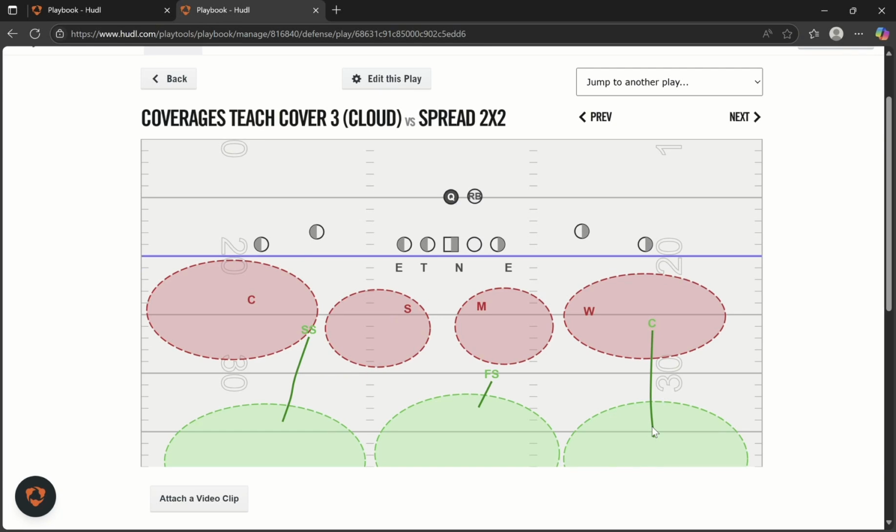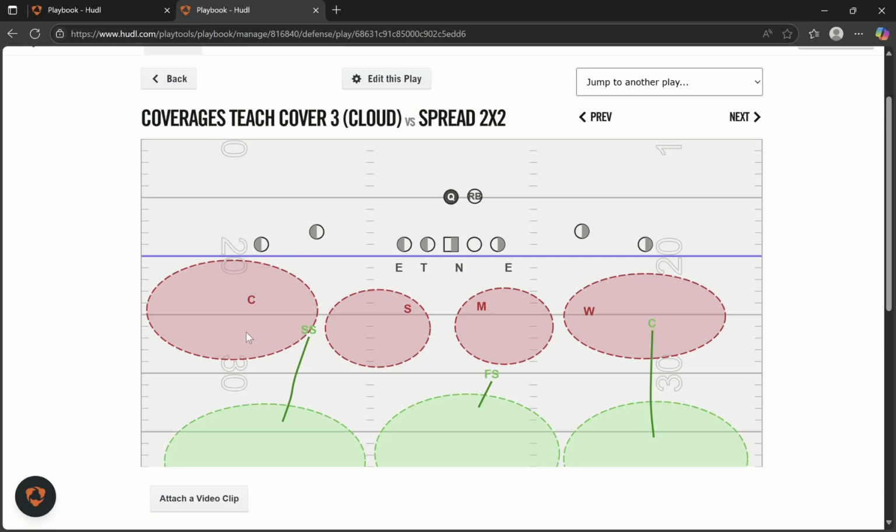It's called cloud because on the strong side, your corner is responsible for the flat zone. The letter C right here tells the corner he's going to be playing the flat zone.